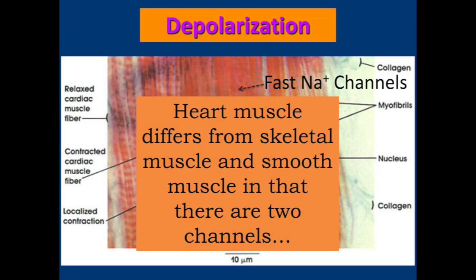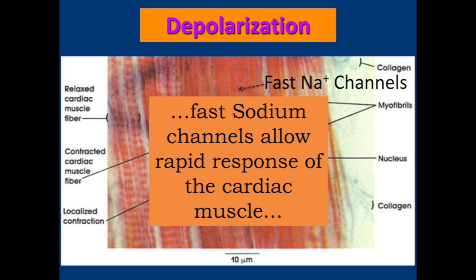When the heart muscle depolarizes, we're really lucky that there's two different types of cardiac muscle, and it really differs from skeletal muscle and smooth muscle because fortunately we have two channels. We have a channel that is called a fast sodium channel. It allows rapid response of the cardiac muscle.